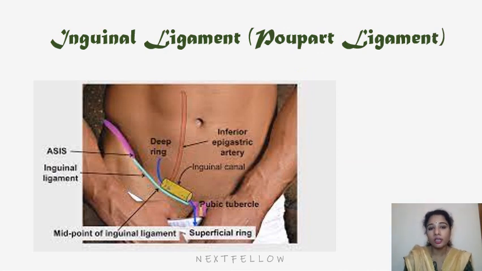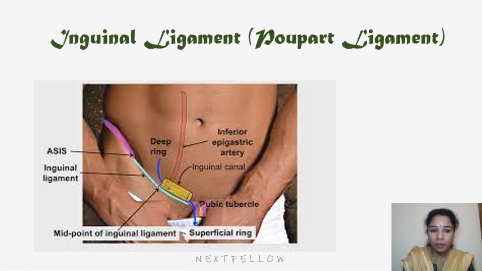First, talking about the inguinal ligament, which is otherwise called Poupart's ligament. This ligament is the coiled lower border of the aponeurosis of the external oblique muscle. In the previous image we saw the external oblique aponeurosis, right? The same aponeurosis gets turned, coiled, to form the inferior border of the inguinal canal.